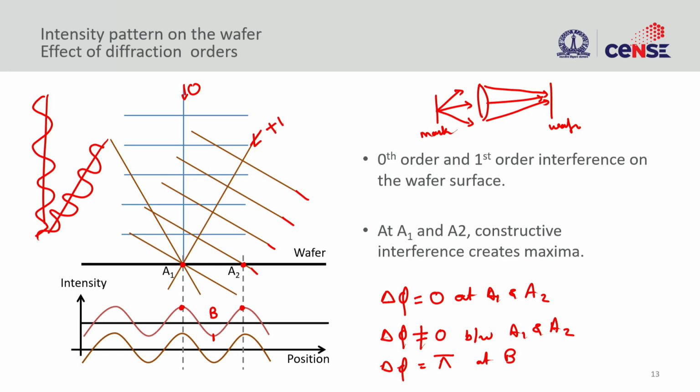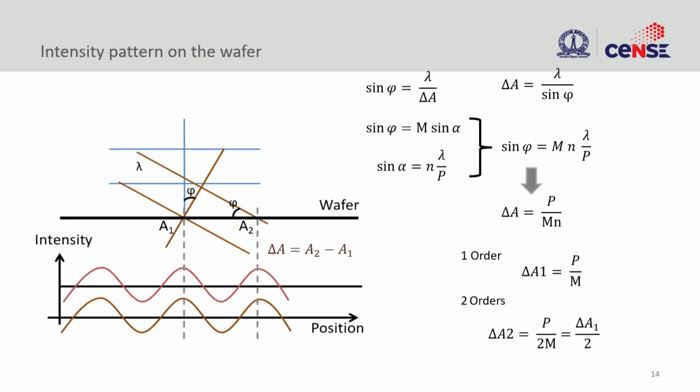Because of this phase difference, you create this intensity pattern. This is how interference happens on the wafer and creates this intensity profile, and as we know, this is the primary requirement for us to expose the resist.